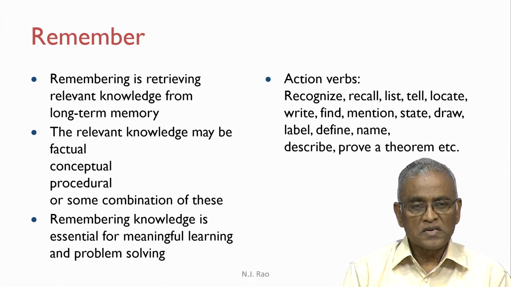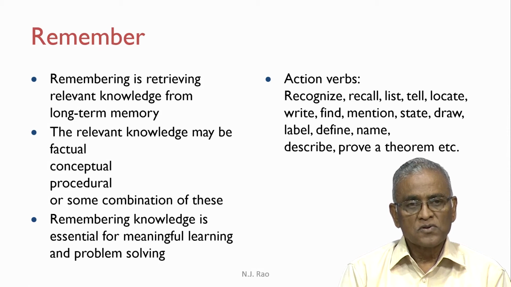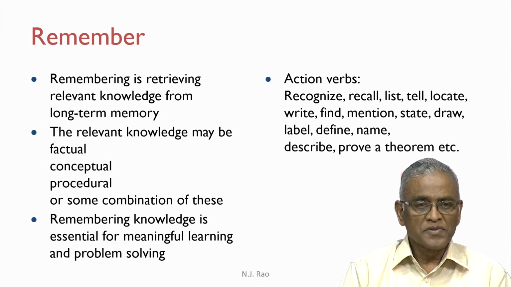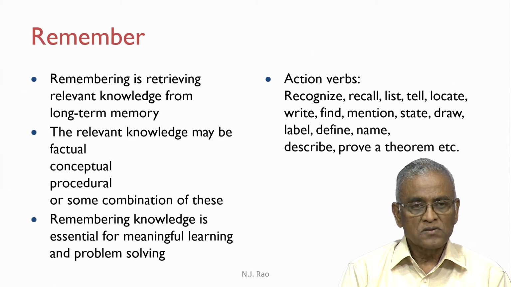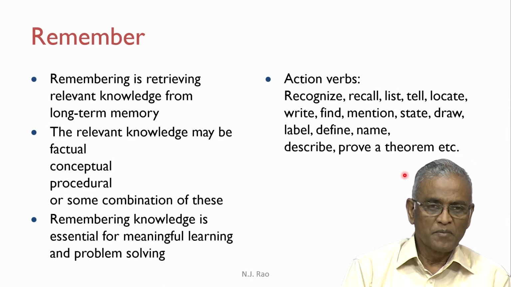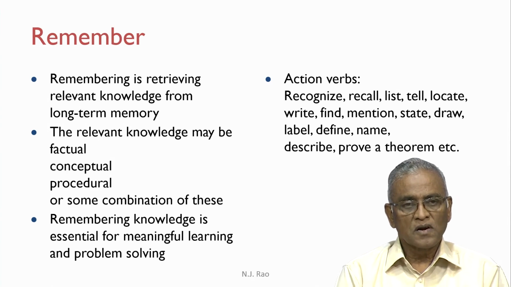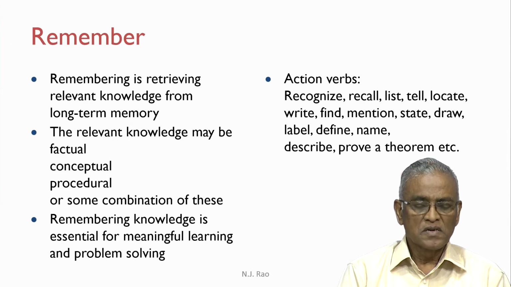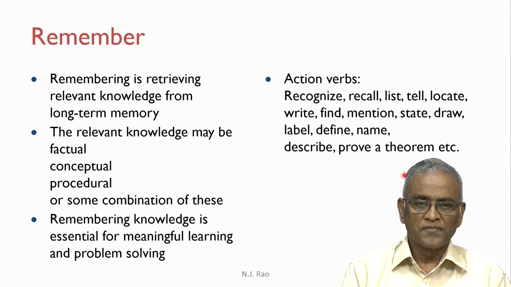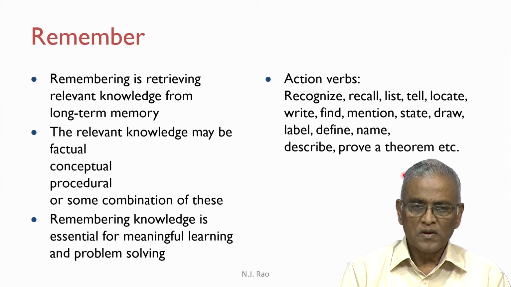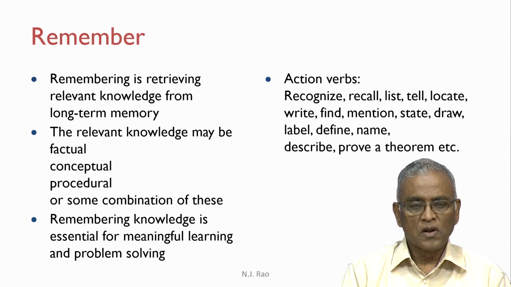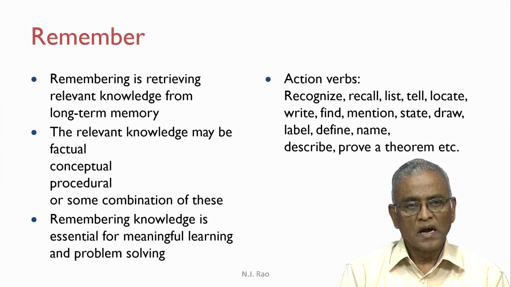You cannot, any time you say 2 into 2 equal to 4, the answer should come from the long term memory rather than trying to solve it as a mathematical problem. You are not going through that logic. So, for anyone to function adequately in any area of endeavor, you have to store a lot of information and you should be able to readily retrieve it.